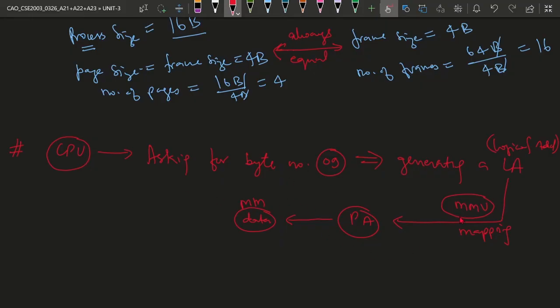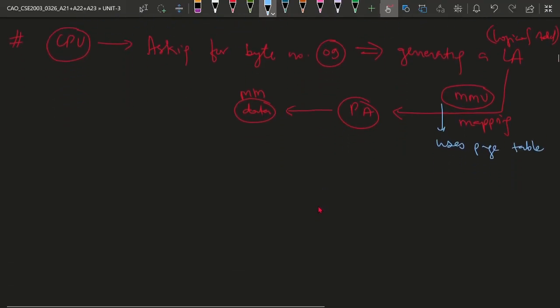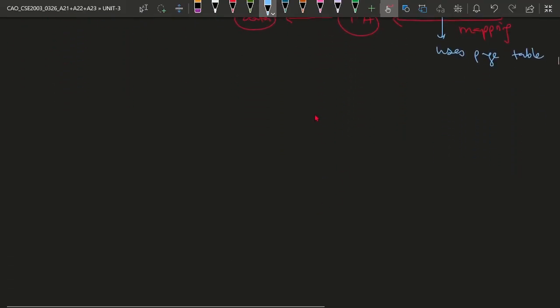Here, the memory management unit uses a page table to provide the physical address with the help of the logical address.